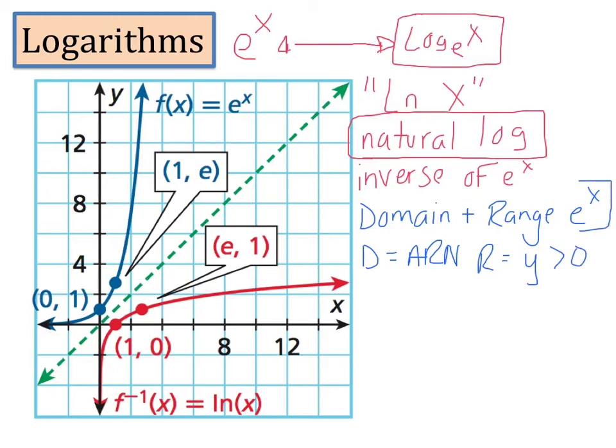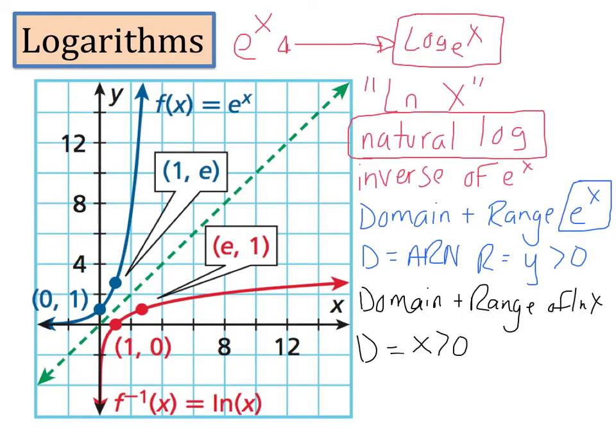Since e to the x and ln of x are inverse functions, to find the domain and range of ln of x, all I have to do is take the inverse, so I swap them. Now the domain is all x values that are greater than 0, and the range is all real numbers. We can see in this graph that the x values don't go lower than x equals 0, and the range is all possible y values.